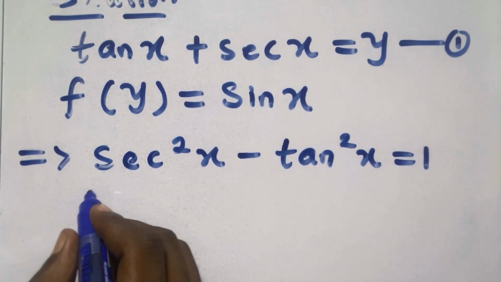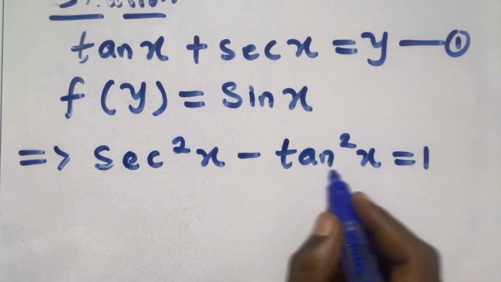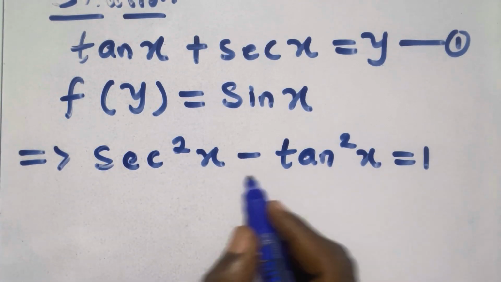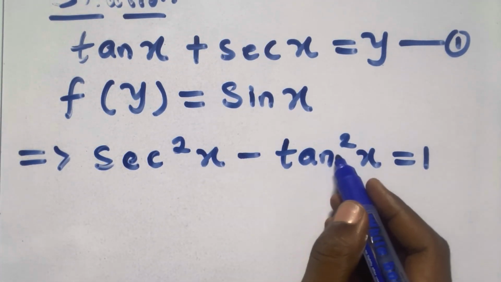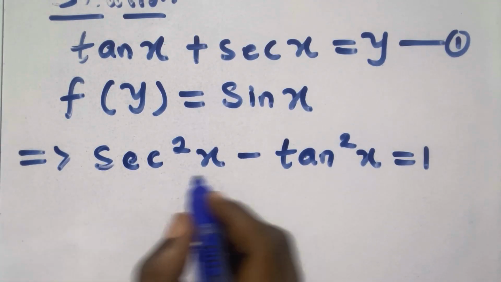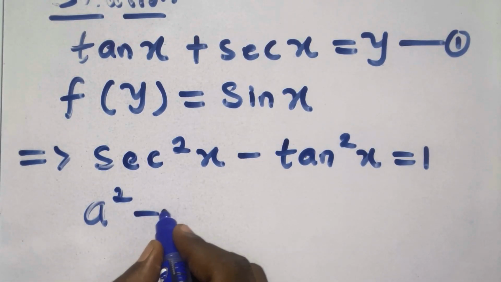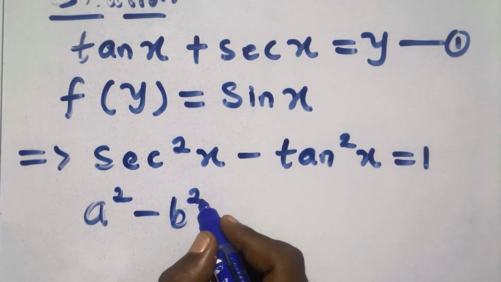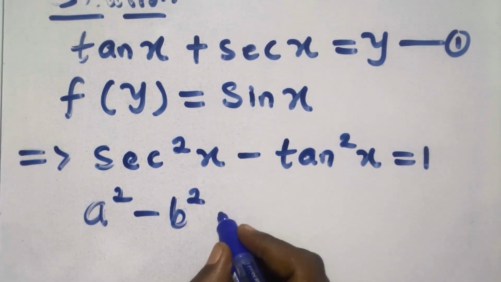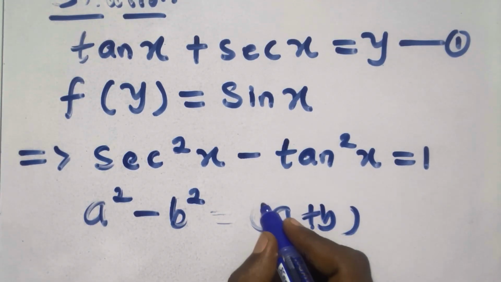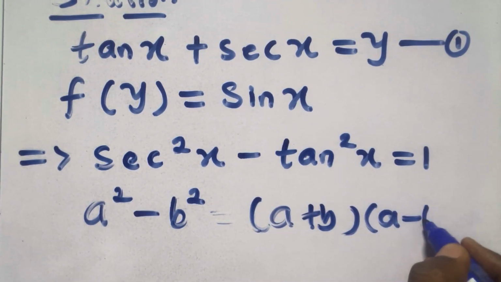You will see from the above that this is a difference of two squares. This is the same as a square minus b square, so this expression will become a plus b multiplied by a minus b.